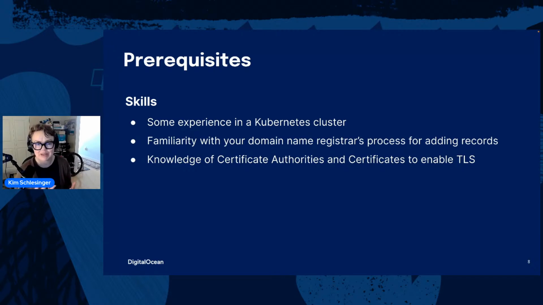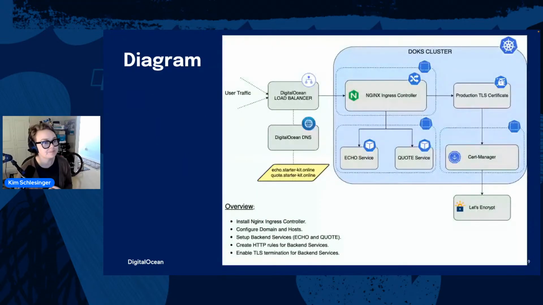It's not too bad, but every domain registrar is different. And then you want to have a knowledge of certificate authorities and certificates to enable TLS. So sort of know, why do you want to use Let's Encrypt to generate a certificate? What's that going to do for you?